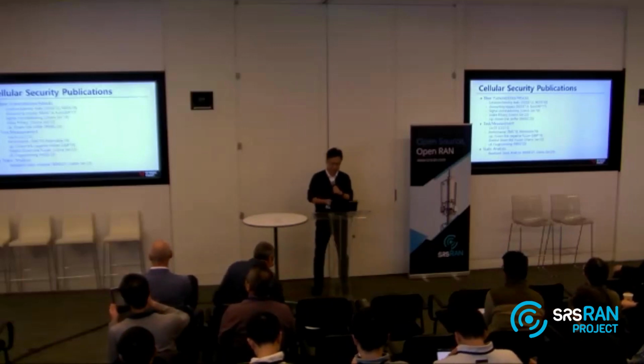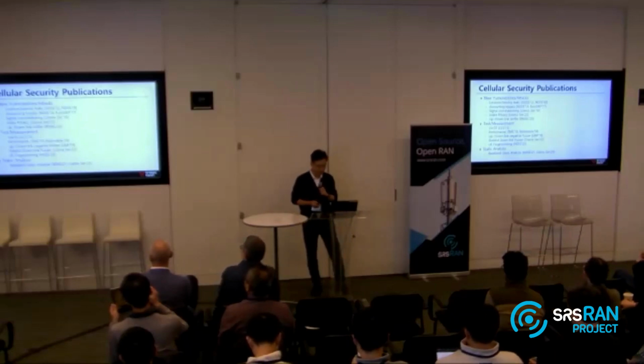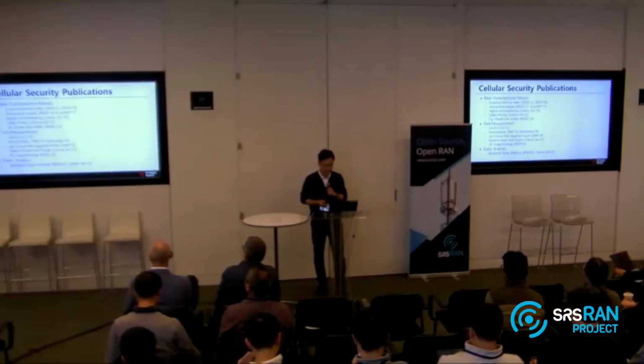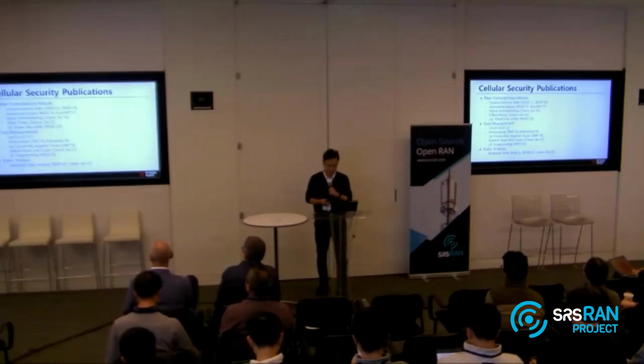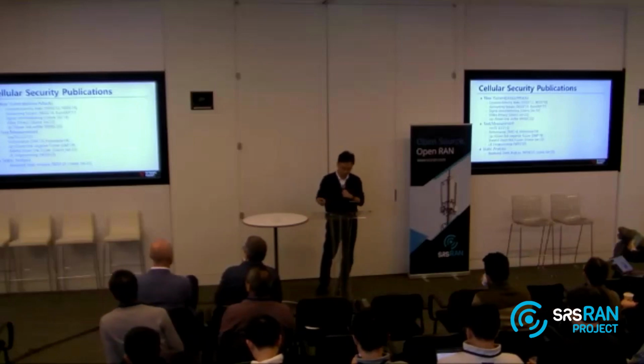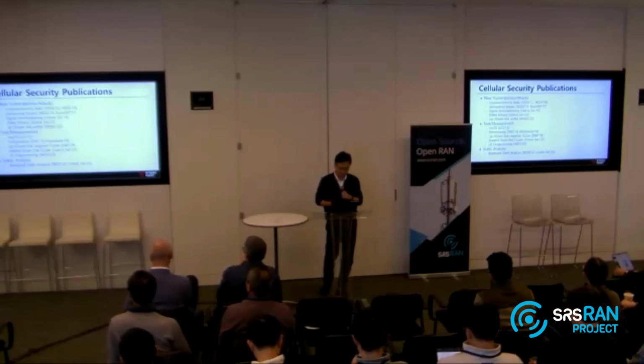We talked about location and identity leaks in NDSS 12 and 18, and we found some accounting bypass in NDSS 14 and EuroS&P, and the signal overshadowing attack, which I will talk about a little bit later, in Usenix Security 19.